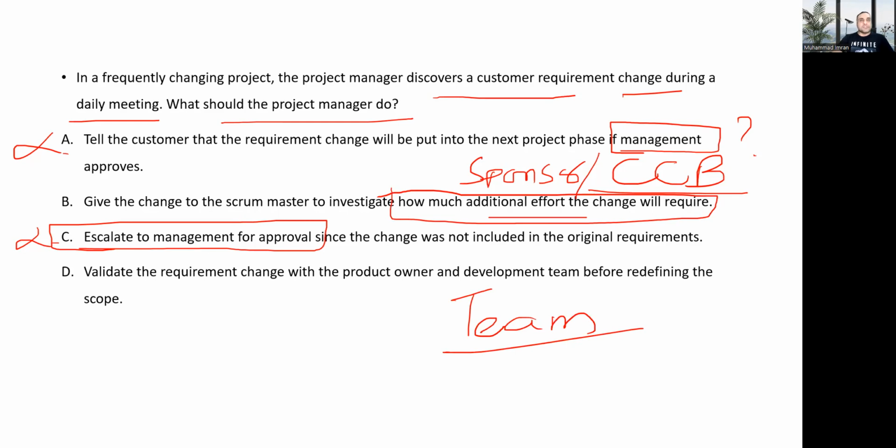It's the task of the team in adaptive project management. The team will do this, not the product owner. The product owner will just bring the work. Estimations will be done by the team. The product owner can prioritize it, not estimate it. Estimation is the task of the team, not even the project manager. So yes, those who answered D, D is the correct answer. Validate the change with the product owner, because the product owner will verify whether this change is needed or not.